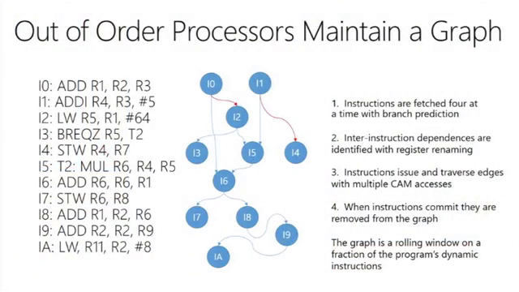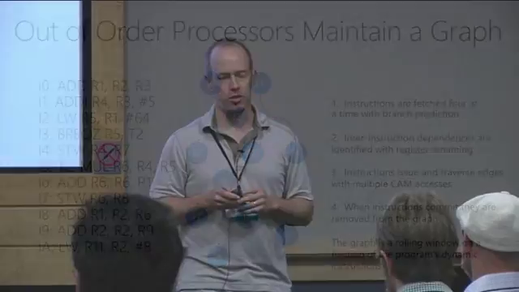So all of that overhead of renaming to form the arcs, and CAM broadcast to traverse the arc, is runtime overhead to rediscover stuff that's largely known by the compiler. Not completely, because you don't know what control flow path is going to be taken. And then, of course, when instructions commit, they're removed from the graph, and like I said, this is a rolling window on a fraction of the program's dynamic instructions.